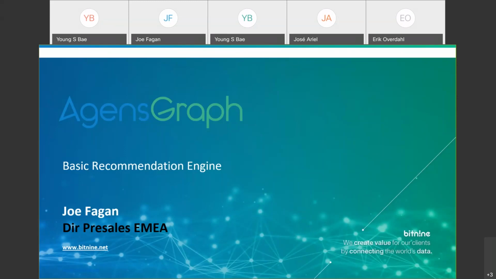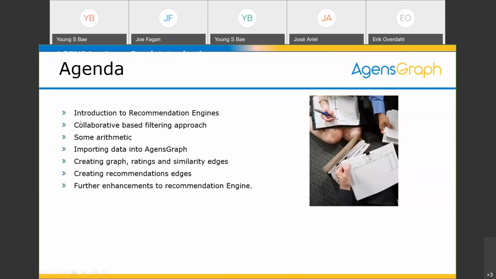So the subject today, as Aya has already said, is graph databases, and graph recommendation systems, I should say. We'll have a brief introduction to recommendation systems. It will be very brief, and then we'll talk about a couple of main theories in recommendation system engineering, and I'll focus on one, which is the collaborative-based filtering approach, because it's the easiest.